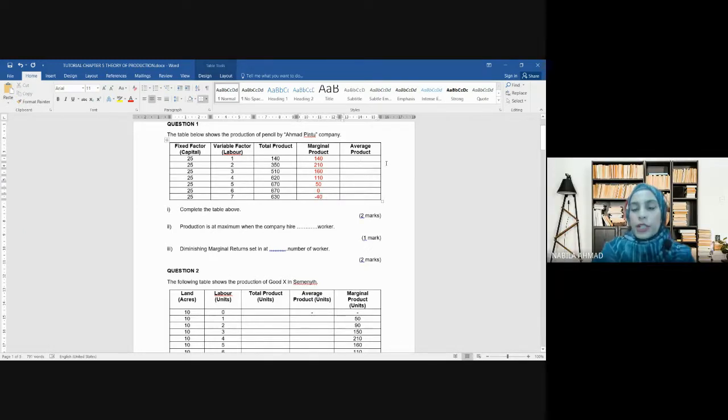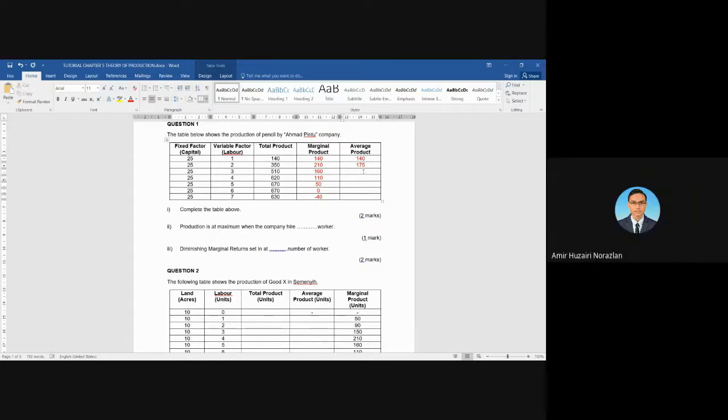Okay, what about average product? Total product divided by labor. 140 divided by 1 is 140. 350 divided by 2 berapa? 175. Okay, 175. 510 divided by 3. 170.